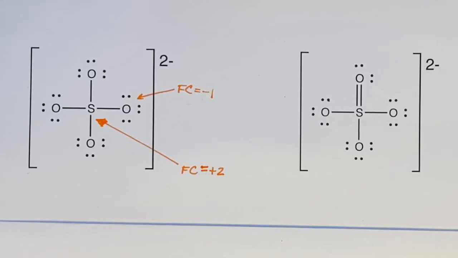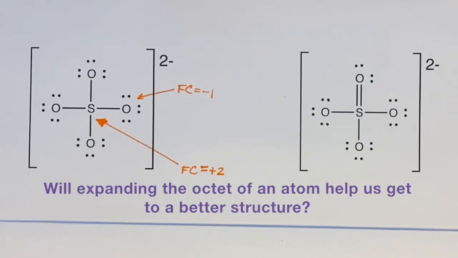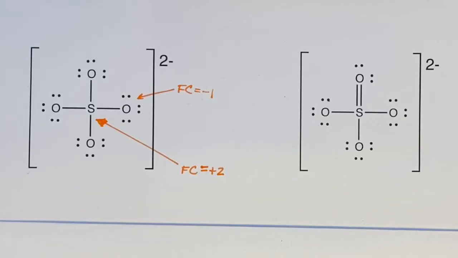So this is the structure that we were just looking at, where all of our oxygens had a formal charge of -1 and our sulfur had a formal charge of +2. When we're looking at structures where we're asked to consider expanded octets, if appropriate, we're looking to see if expanding the octet of an atom will help us get to a better structure. And remember that whenever we're talking about better structures, we're almost always talking about formal charge considerations.